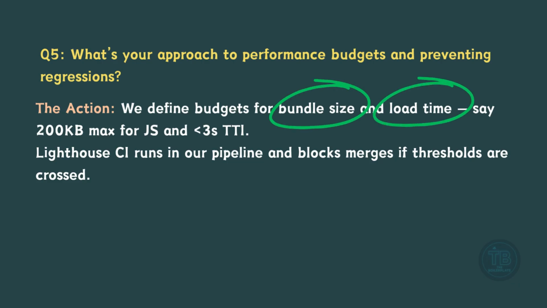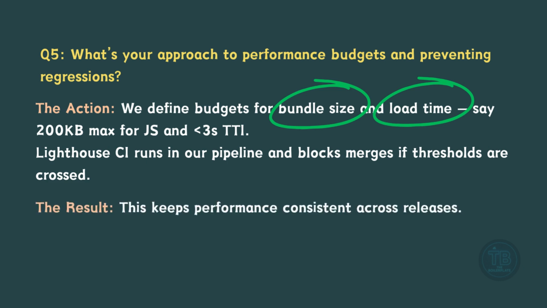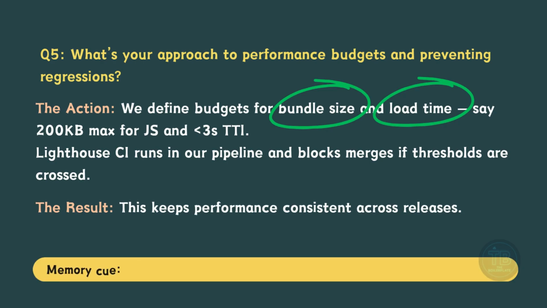Lighthouse CI runs in our pipeline and blocks merges if thresholds are crossed. So merges are blocked if we have already exceeded the limit. The result is that this keeps performance consistent across releases. The memory cue is: set budget first of all, then Lighthouse CI, and then consistent speed.